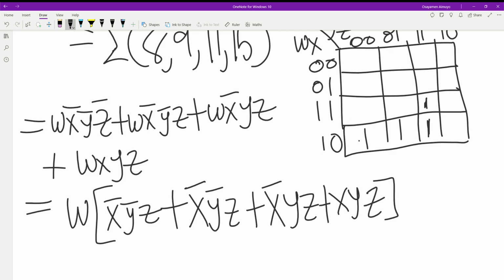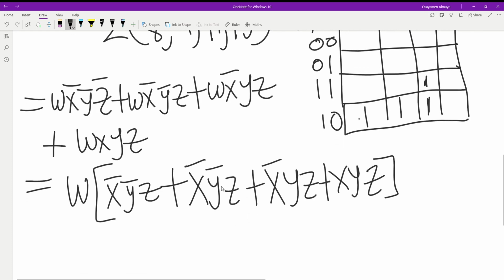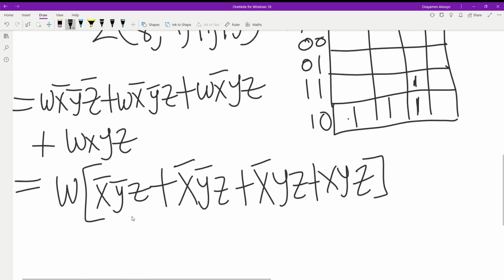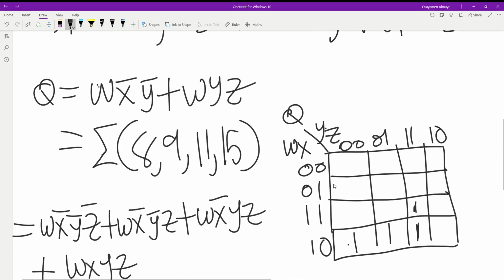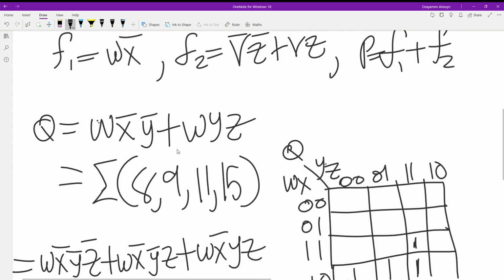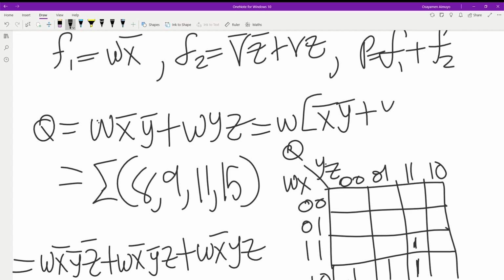Well, it is necessary because notice how all of this mess of terms that we have here are only composed of 3 literals, x, y, and z. In the previous case, even if you factored out a w here, you would have an x bar y bar, or y z.